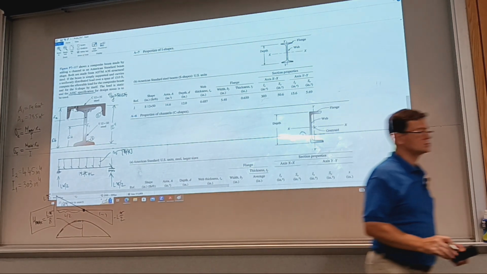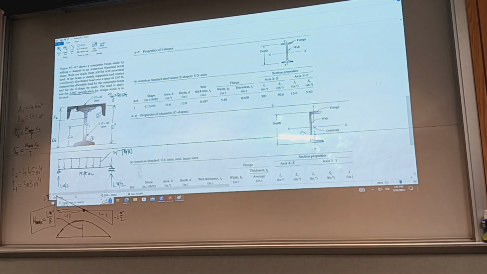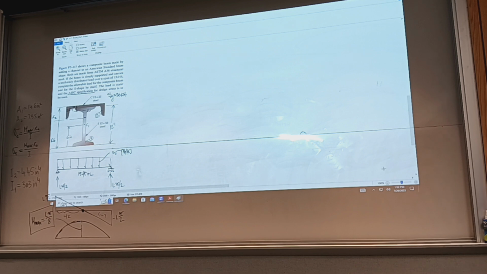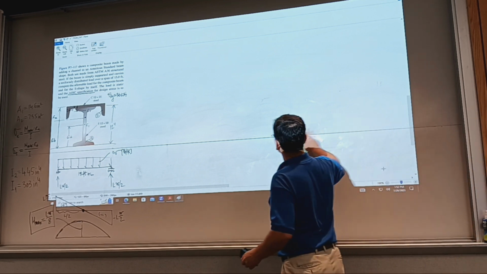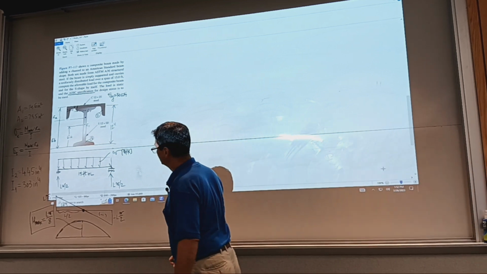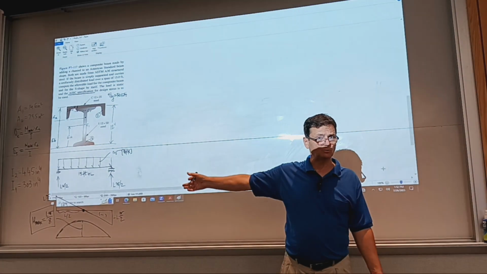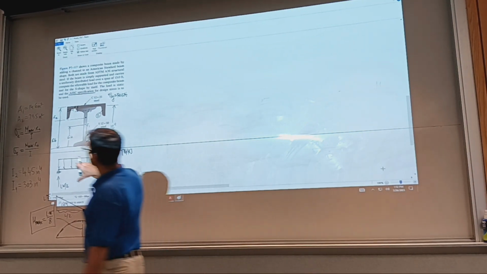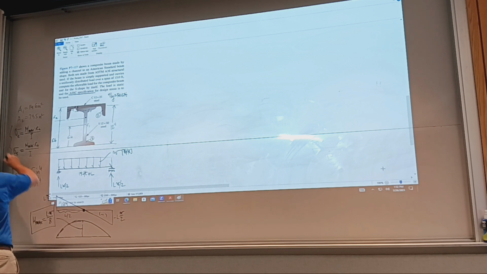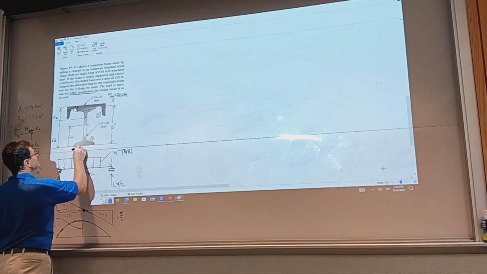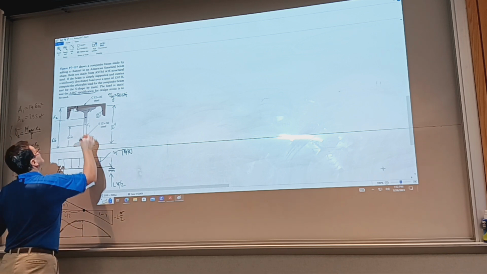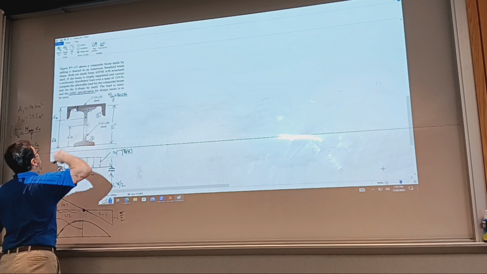We can come back with undo to this table if we need to. Otherwise, we'll turn it into some blank space. Is everything clear so far? We're going to apply the flexure formula for this section and then the top section.